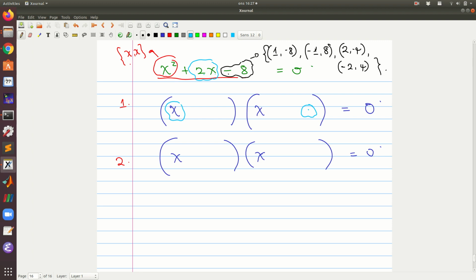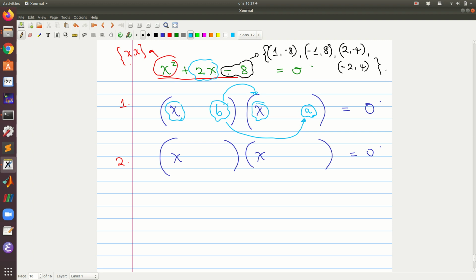If we make this a constant a and this b, when we multiply the first two we get the square term, and when we multiply a by that x we get a term in x. The other term in x comes from the product of b and the x here, but when we multiply the last two we get a constant.